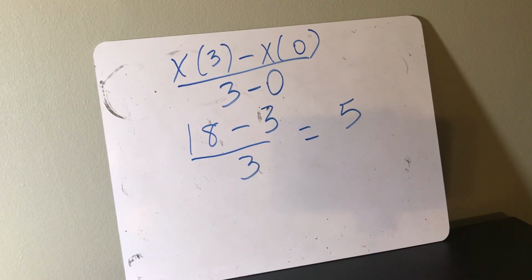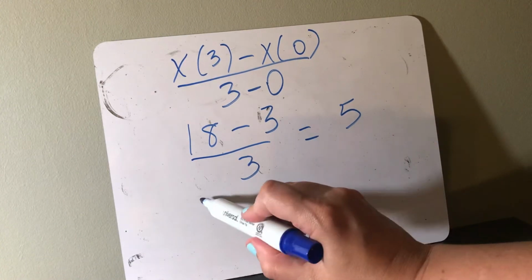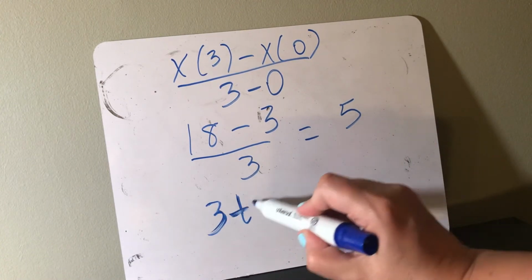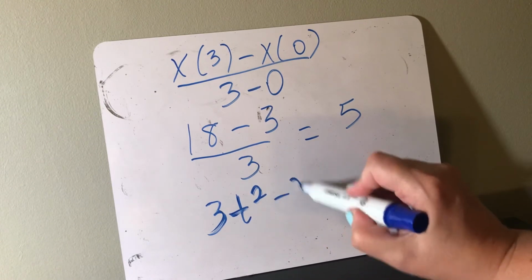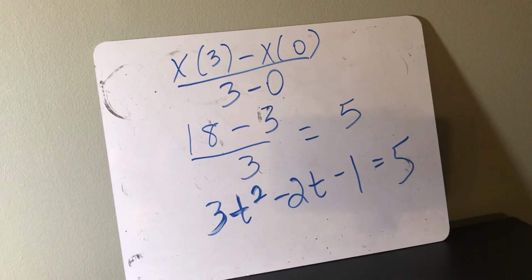And I'm going to set that equal to the instantaneous velocity. All right, here's your instantaneous velocity. This is what you were given. Set those equal, and you want to solve for t.